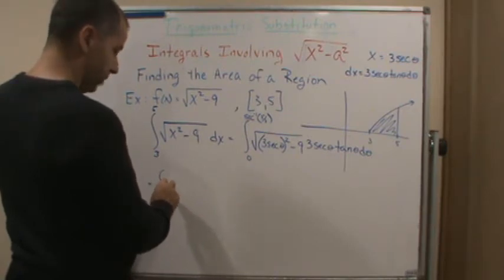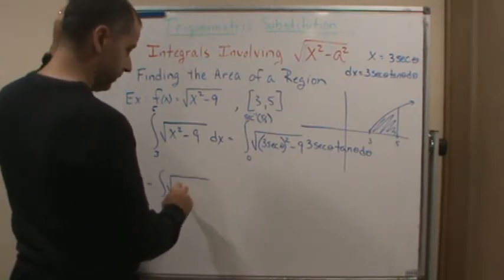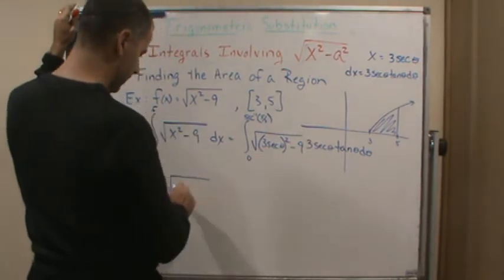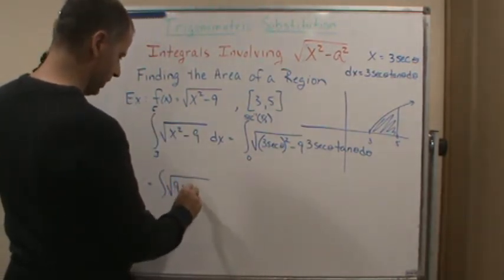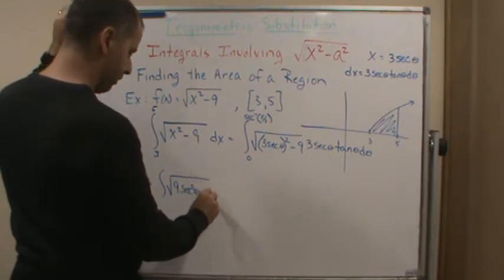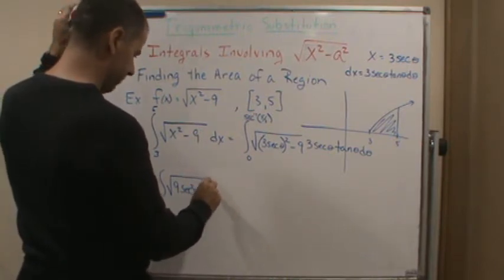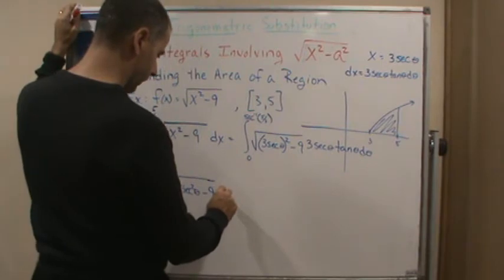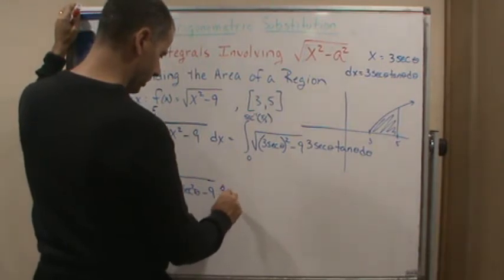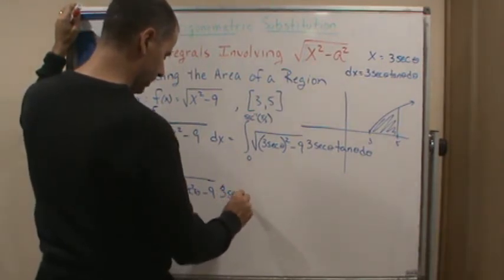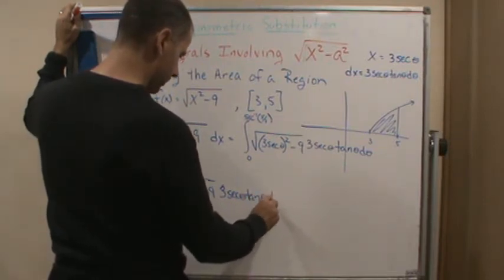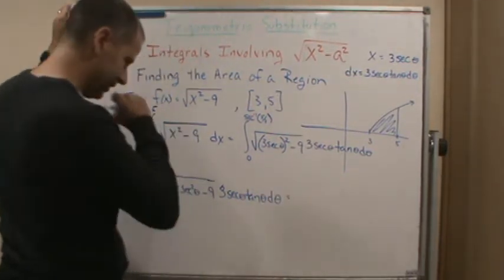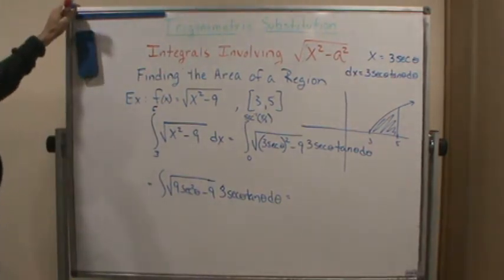So then this is going to become 3 squared, which is 9, secant squared theta minus 9, and we get 3 secant theta tangent theta d theta.